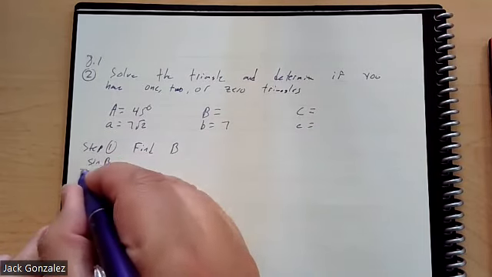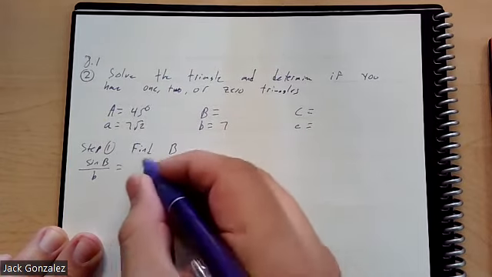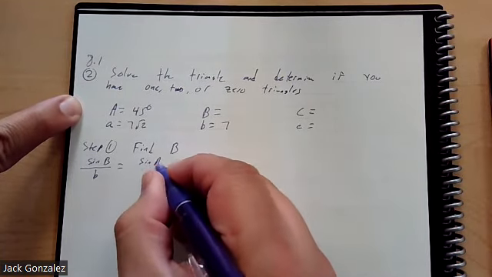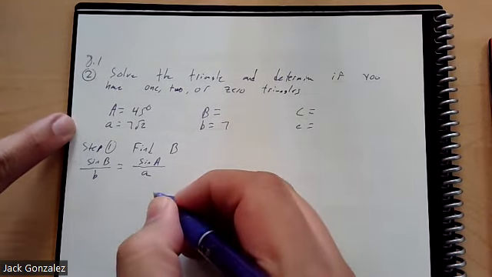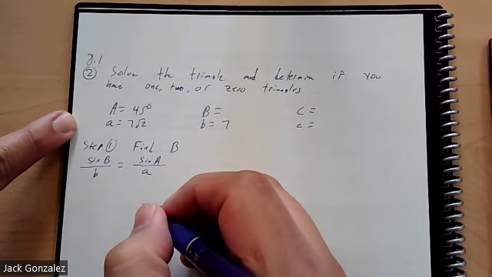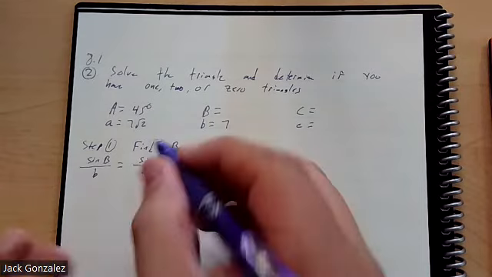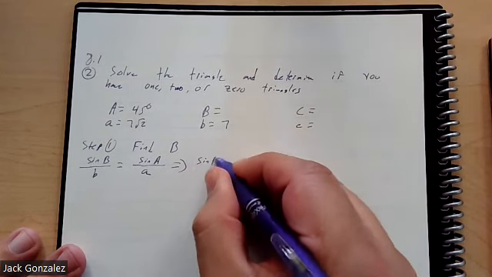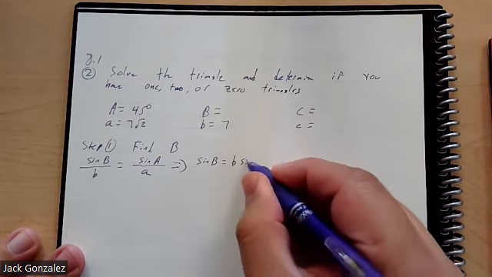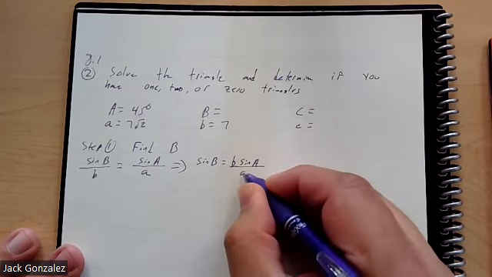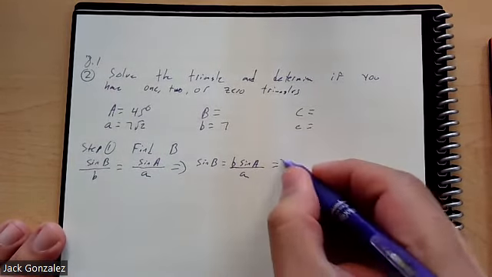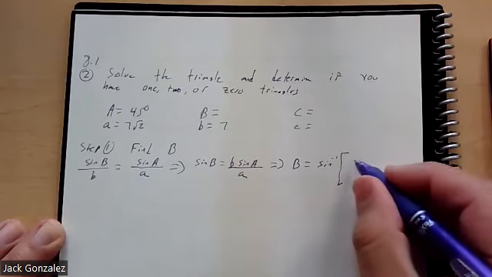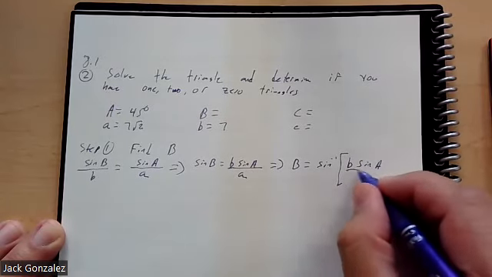Sine b over little b is equal to, use the pair that has both parts, sine a over little a, and then solve for capital B. So first step, multiply both sides by b. That gets us to little b sine a over little a. Take the inverse of both sides, that gets you to B equal to sine inverse of b sine a over little a.